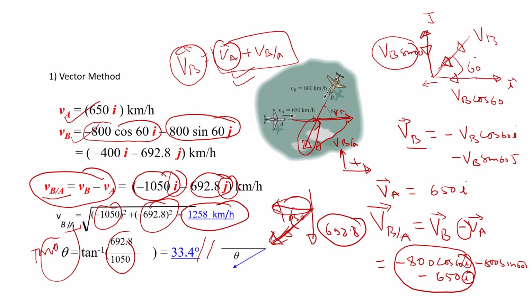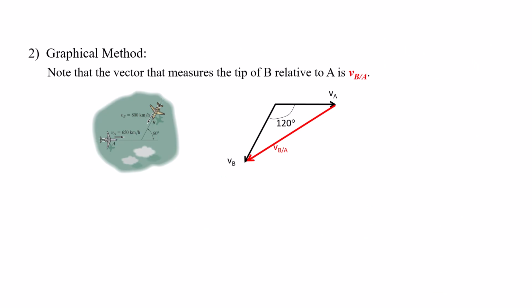This is in the same direction and this is in the opposite direction. This is like a resultant. This is what we will use for the graphical method, which makes use of the sine law and cosine law. If this angle is 60, the whole has to be 180 degrees, so this angle has to be 120 degrees. This angle is important to us.